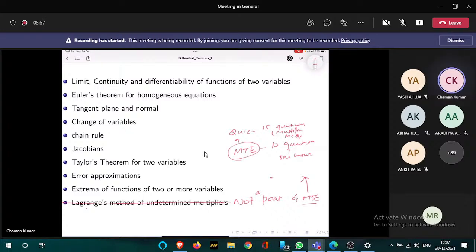The MTE examination will consist of 3 types of questions. One is MCQ, where you will be given 4 options, and one of the options will be correct. Then MSQ, where you will have 4 options and more than one of the options will be correct. And then you have fill in the blanks.